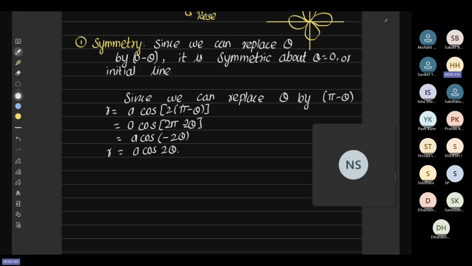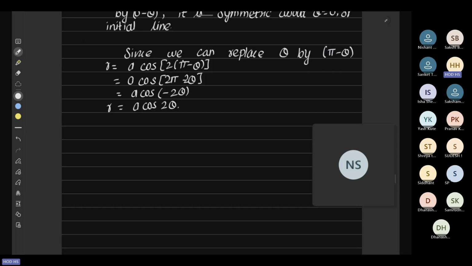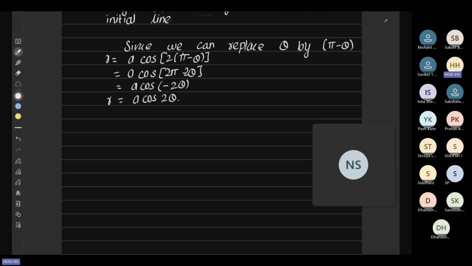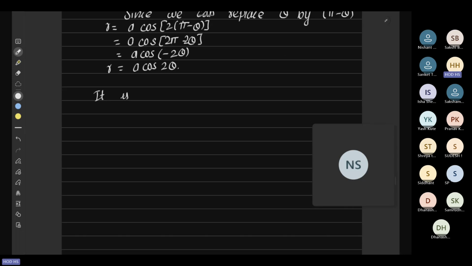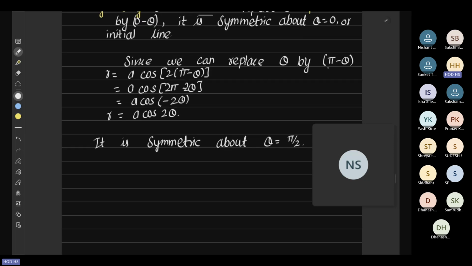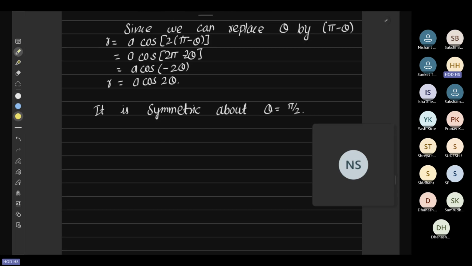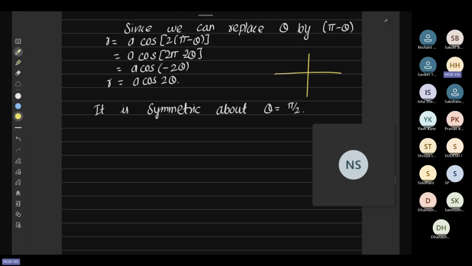So we will get the original equation. So since we can replace theta by pi minus theta, it is symmetric about theta is equal to pi by 2, which is half of the angle sitting here. It is similar to both the axes in our Cartesian plane, so it's enough to calculate the graph in the first quadrant only.